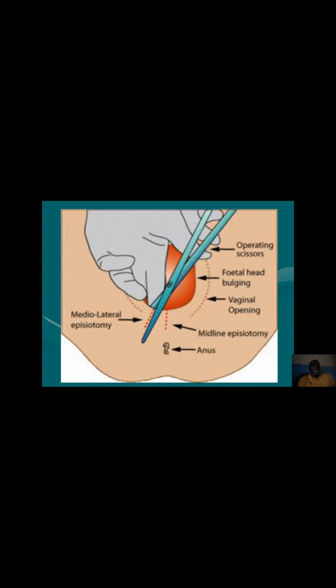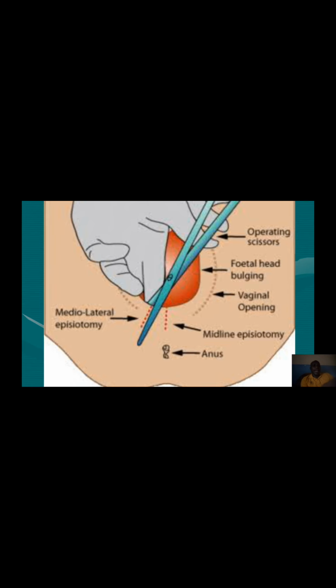As you can see in this picture, it runs from the midline, but also lies between the midline and the lateral line. This helps prevent the acceleration of tearing of the perineal muscles, since it forms a diagonal shape.